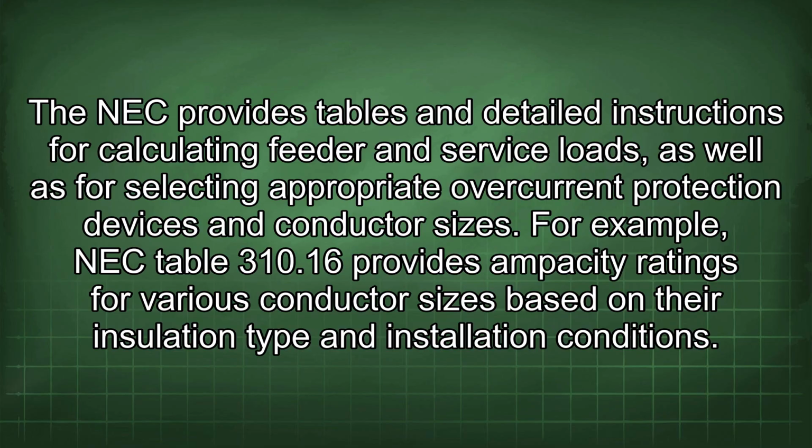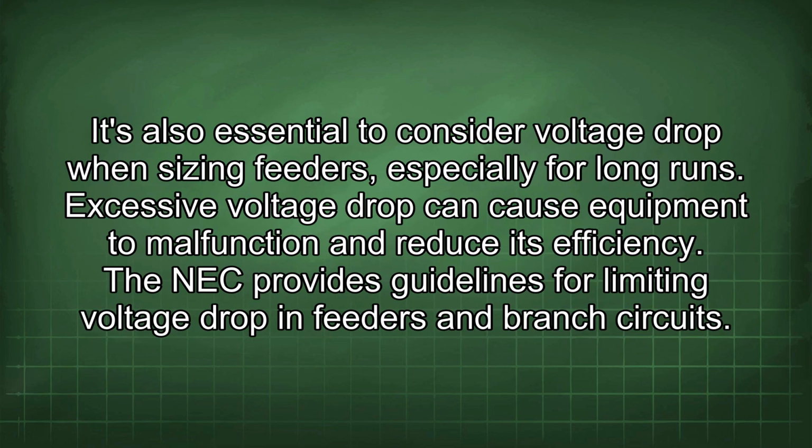For example, NEC Table 310.16 provides ampacity ratings for various conductor sizes based on their insulation type and installation conditions. It's also essential to consider voltage drop when sizing feeders, especially for long runs. Excessive voltage drop can cause equipment to malfunction and reduce its efficiency. The NEC provides guidelines for limiting voltage drop in feeders and branch circuits.